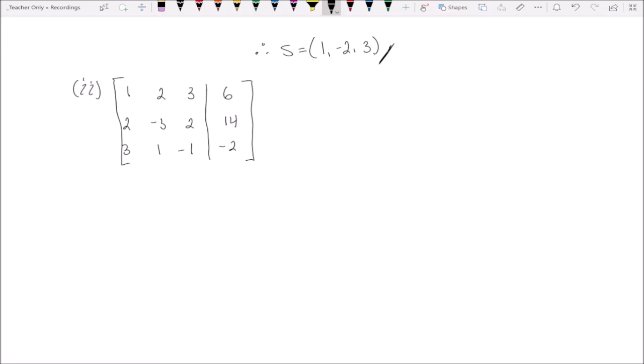And this time, instead of stopping at REF, we continue to put it into RREF. Now, no need to reinvent the wheel. We already have the REF. We did that for Gaussian elimination.